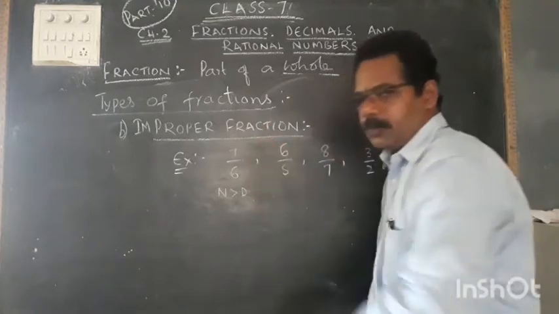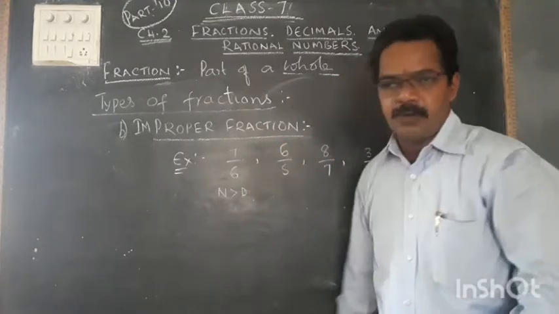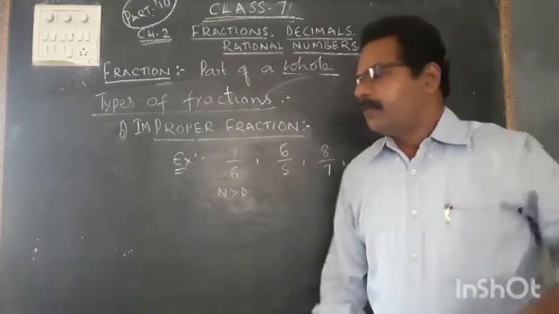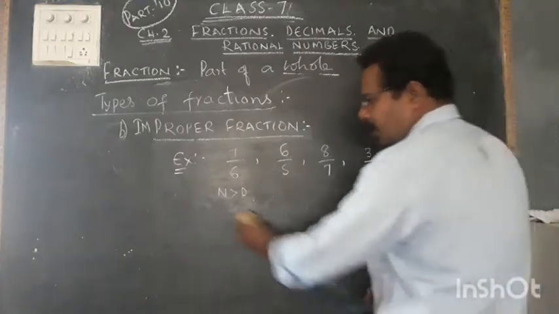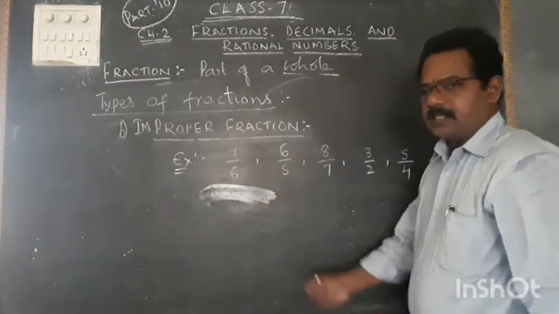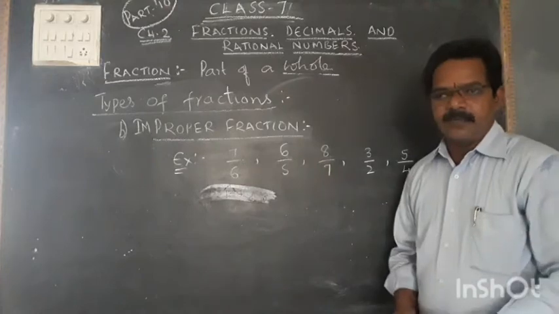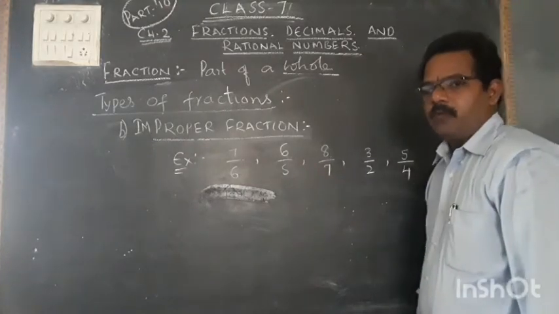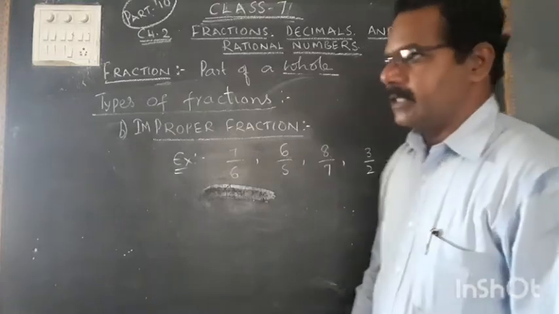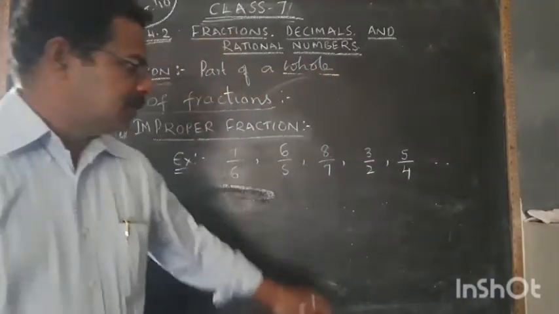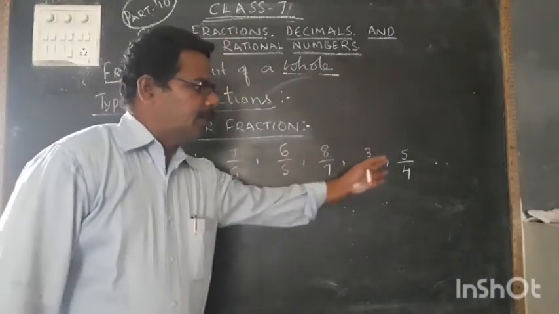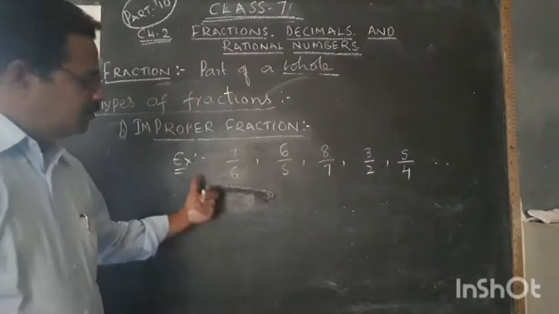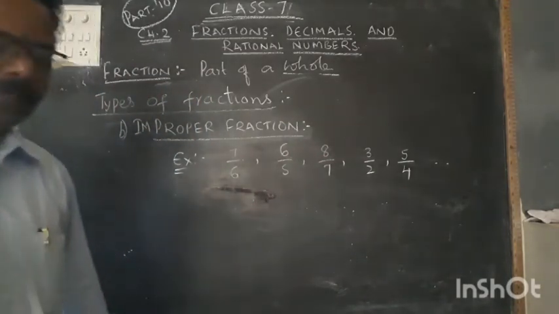Like that we have to discuss and understand. For this, we shall take another example: 6 by 5. How can we do it? That we shall see. 6 by 5 and 8 by 7, 3 by 2, 5 by 4, we have to discuss all these.